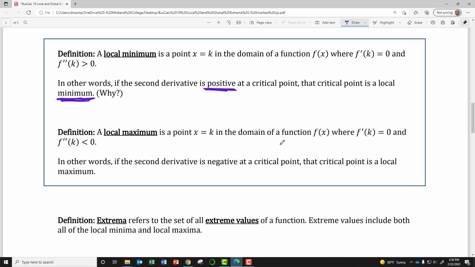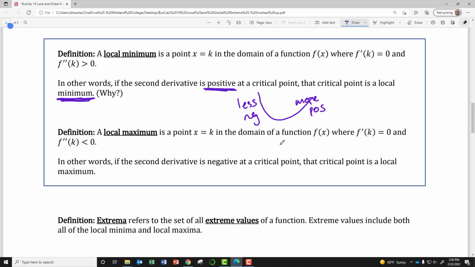And so if the second derivative is positive, what does that mean? That means that the first derivative is changing so that the first derivative is becoming, well, first of all, less negative, and then after it passes through 0, you might say it's more positive. So the first derivative is increasing.